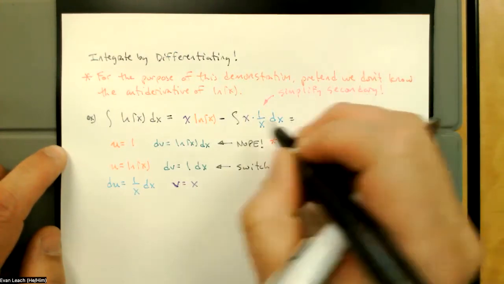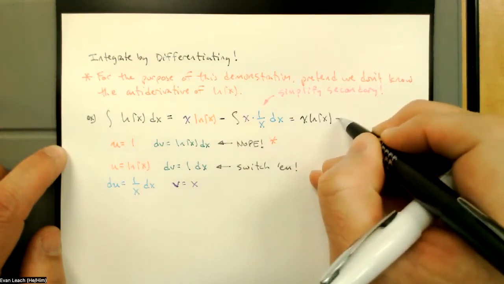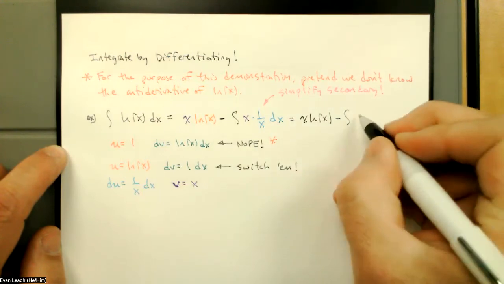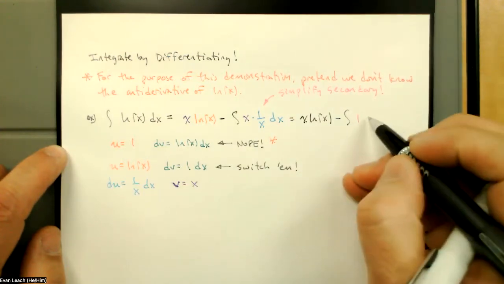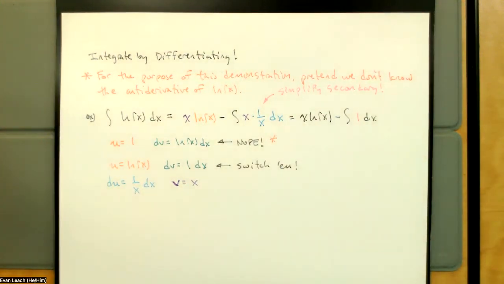So we end up with x ln x minus the integral of 1 dx. And the integral of 1 dx is x. So we get x ln x minus x.